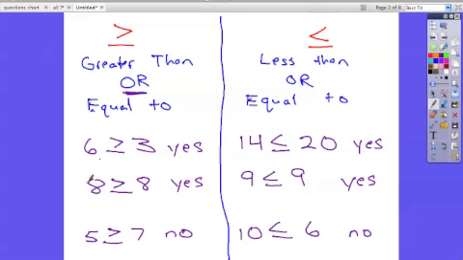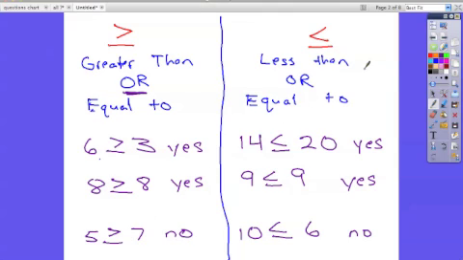Yes. 8 is greater than or equal to 8. It is. 8's not greater than 8, but when we have that or equals part, that works out just fine. And then 5 is greater than or equal to 7. That doesn't satisfy either. 5's not bigger than 7, and 5's not equal to 7.